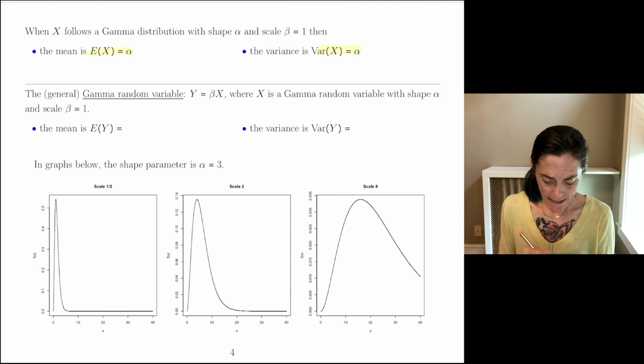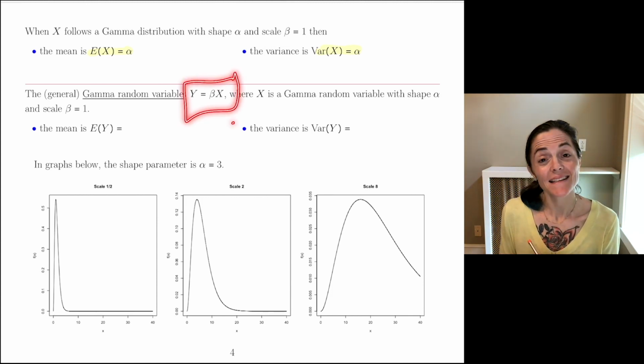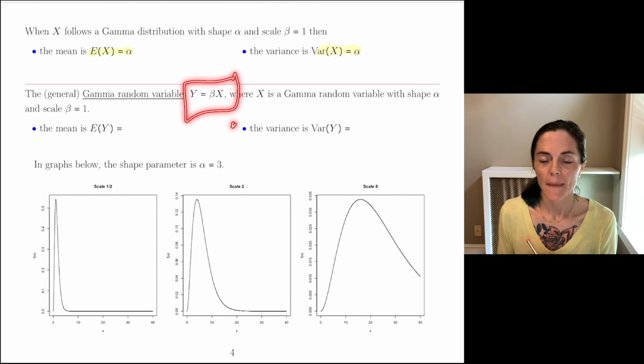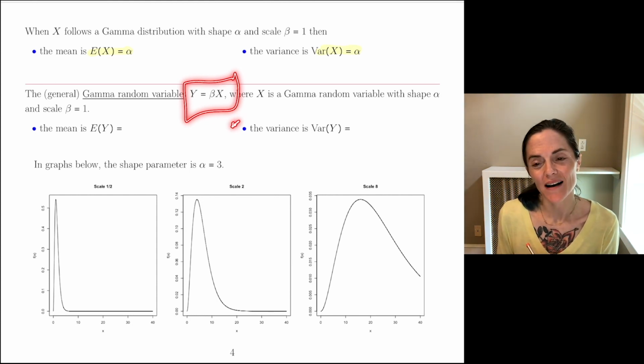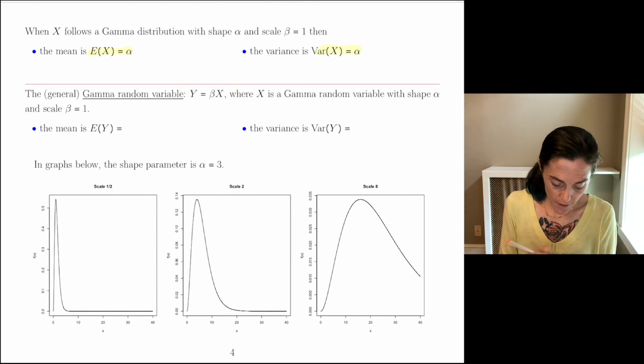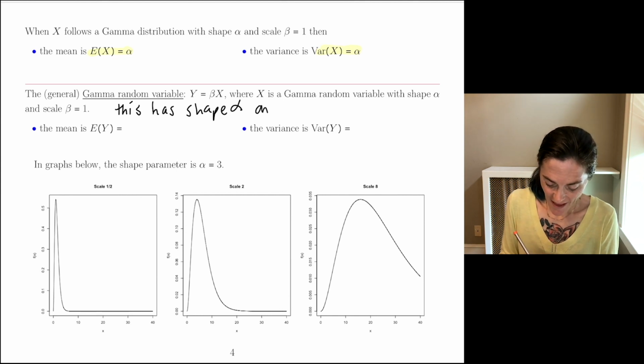Well, we just take beta times X, where X is a gamma random variable with shape alpha and scale beta equals 1. Here, beta is some positive number. So here, this gamma random variable has shape alpha and scale beta.